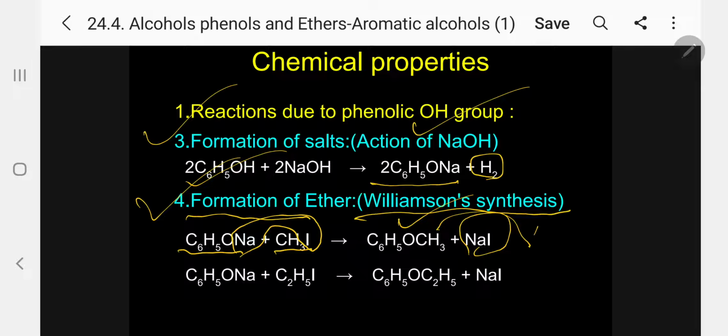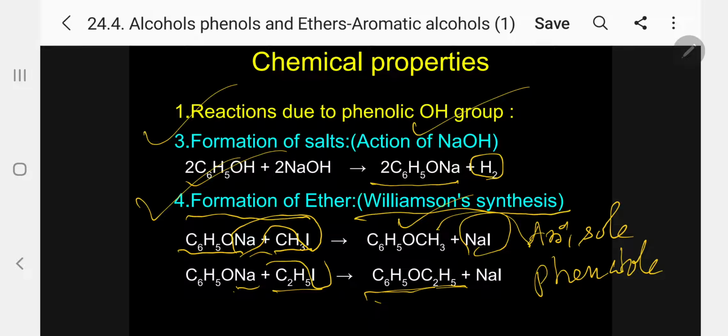The methoxybenzene is known as anisole. Please follow. Common name, anisole. In the same way, suppose instead of methyl iodide I use ethyl iodide, sodium iodide will go out, and now I am getting ethoxybenzene.